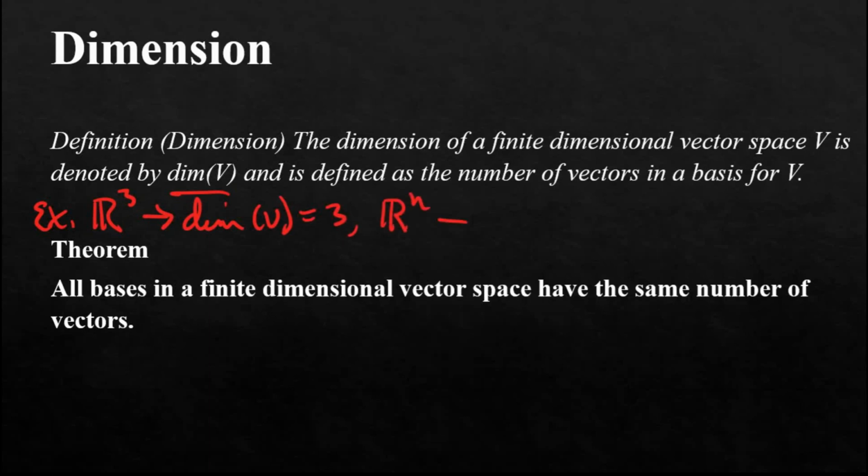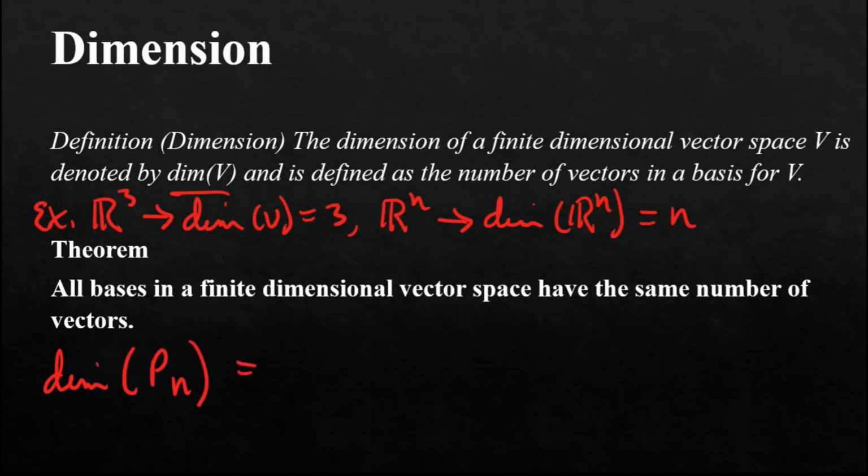For Rn, its dimension is equal to n. The dimension of the polynomial space of nth degree is n plus 1. The dimension of the space of n by n matrices is n times n.